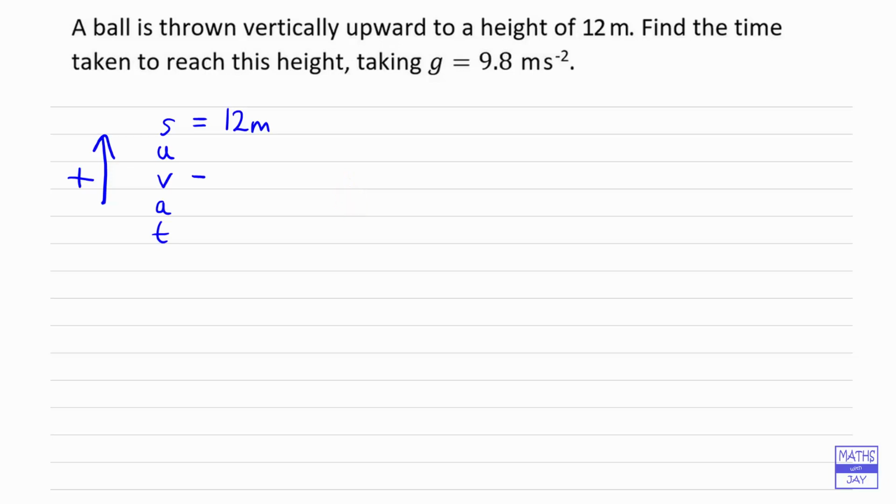So we know that the final velocity is 0. And because we've taken upwards as positive, our acceleration due to gravity is minus 9.8. And we're trying to find the time that it takes the ball to get up to 12 meters.